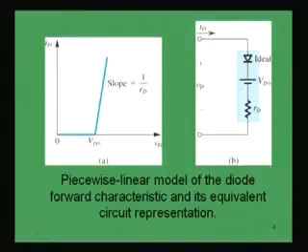So, now if we draw the equivalent circuit for this piecewise linear model of the diode, we show it by these two things. One is this cut-in voltage and one is this average resistance, and the direction of conduction in the diode is shown by this ideal diode symbol.